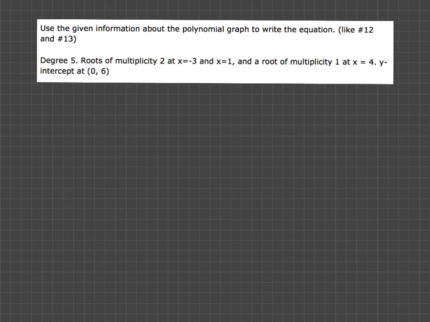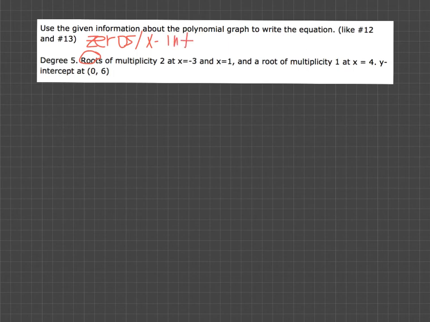Okay, this example is like number 12 and 13, and it's really similar to the one we just did. Instead of having a graph, though, we have written out some characteristics of the graph. So we have a degree 5 polynomial, and we are told that we've got roots, or another word for that is zeros or x-intercepts.